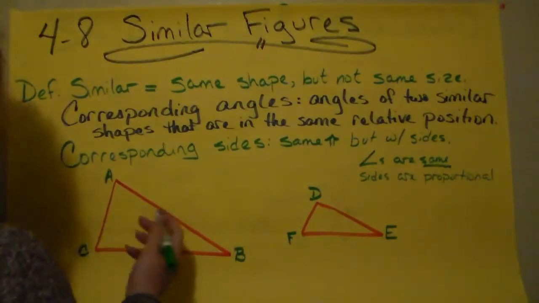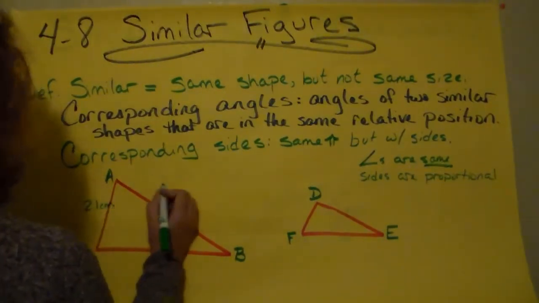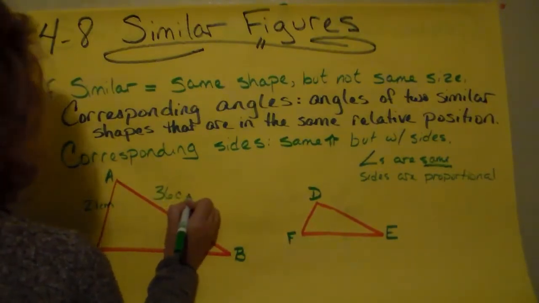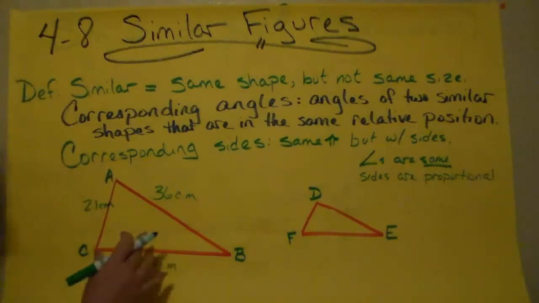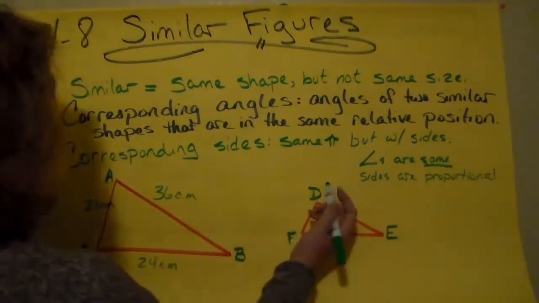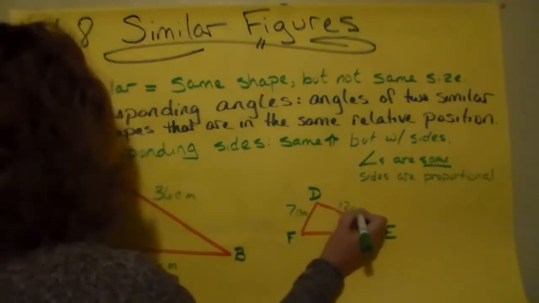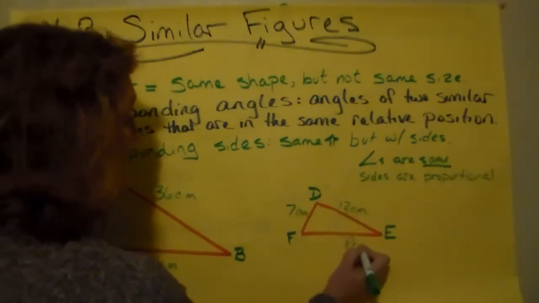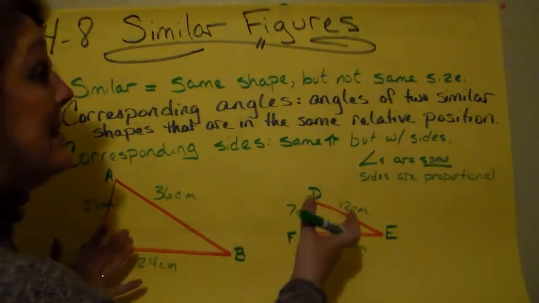Now, let's say we have 21 centimeters and 36 centimeters and 24 centimeters. And this 7 centimeters and 12 centimeters and 8 centimeters. So the question is, are these two similar?